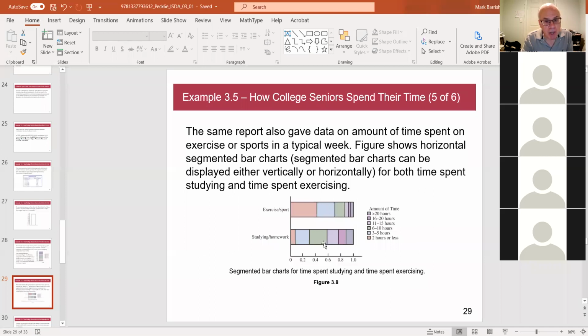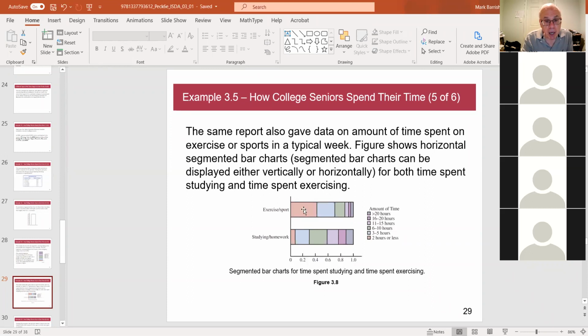You can have segmented bar charts, and this is actually a nice one here, where you can have them for 2 different groups. All right, and what are the 2 groups? Well, first of all, the groups have to do with the amount of time spent on exercise or sports in a typical week. So they have the same categories in terms of the amount of time, all right?